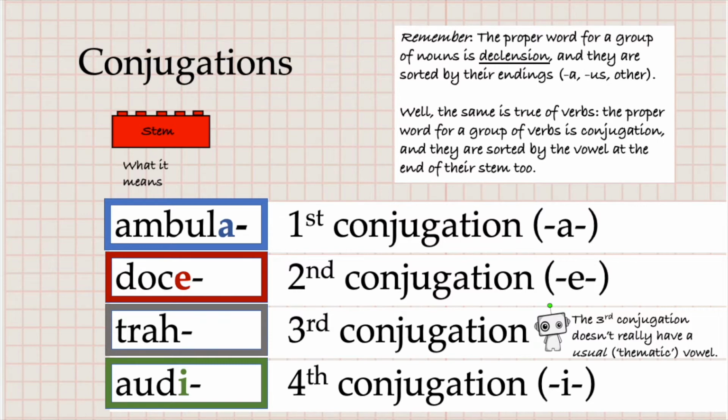Second conjugation are verbs whose stem ends in a long "e". The fourth conjugation are for verbs whose stem ends in a long "i". And the third conjugation is basically like the third declension, it's for everything else. It doesn't really have that one thematic vowel, that usual vowel at the end.